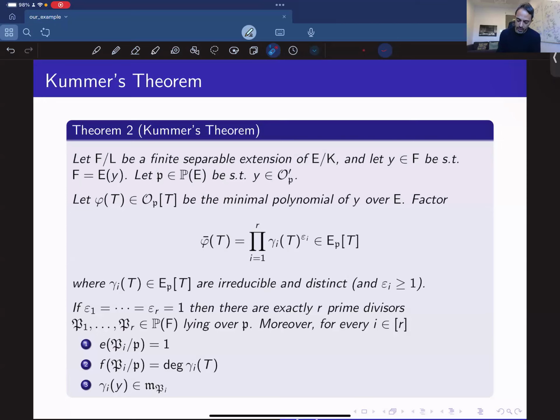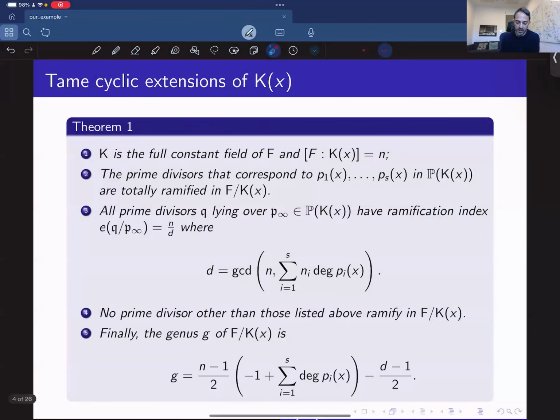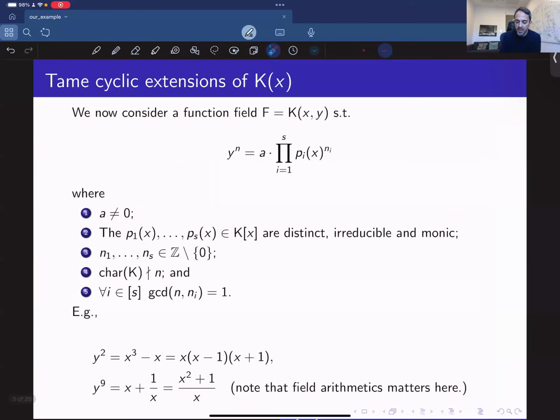And one more very good thing about this theorem is that it doesn't work only when E is the rational function field, right? So for any function field over K, if you look at an extension of it, the theorem holds. And this is unlike, for example, the theorem when we started this unit. That theorem considered this setting, where you adjoin y to the rational function field.